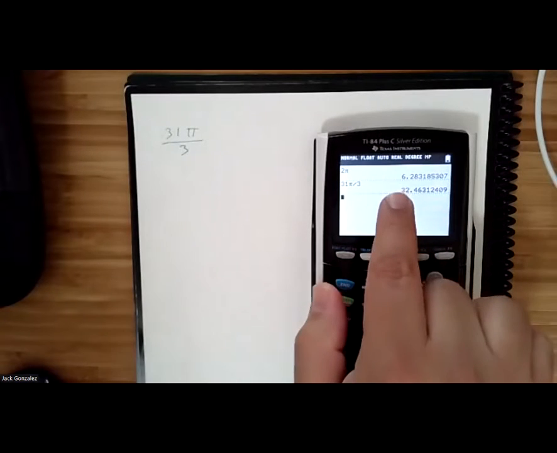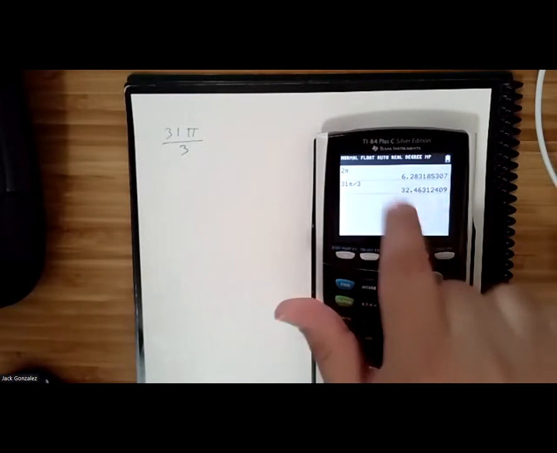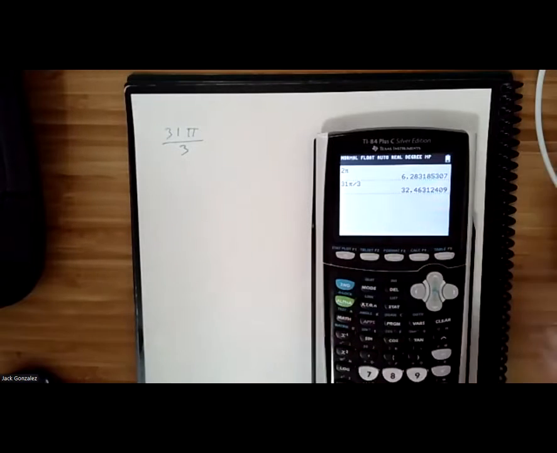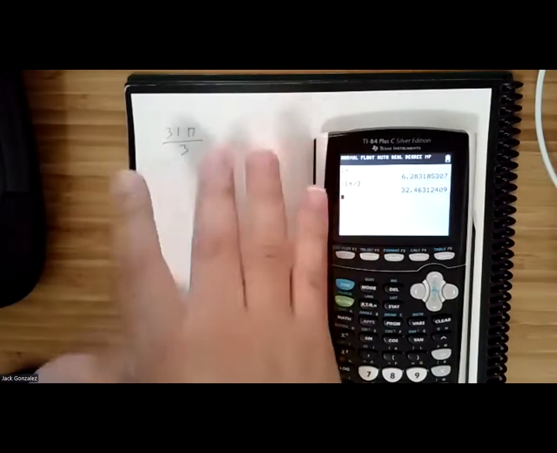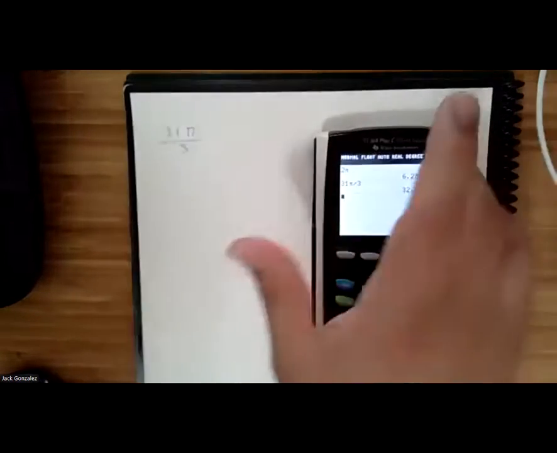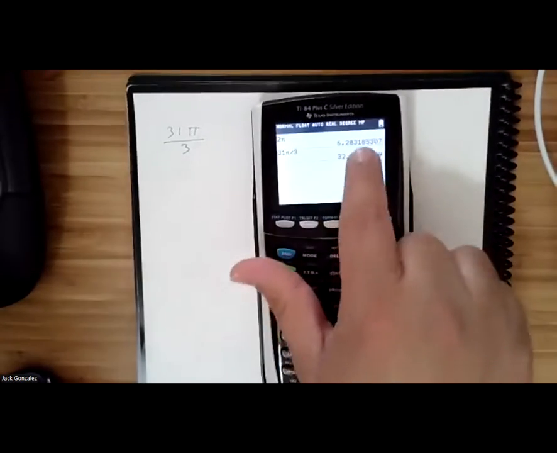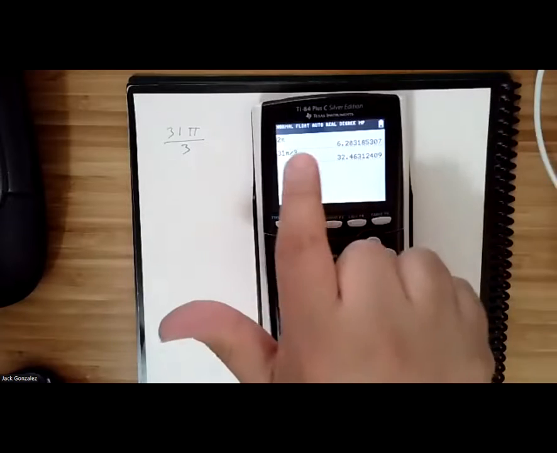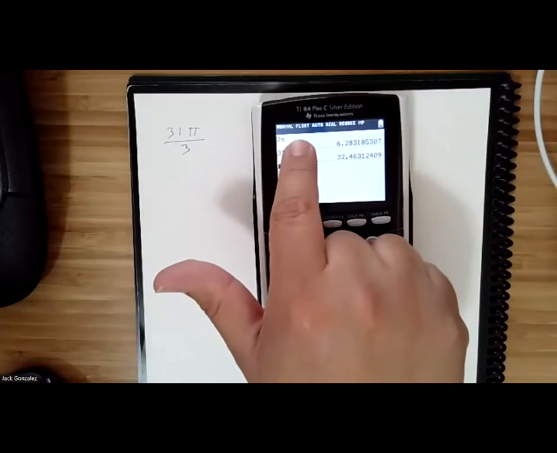So we know that it is more than a full circle. So this thing went around a couple of times, then landed somewhere. So we would have to subtract 2 pi. You could change the degrees and then subtract 360 if you want to. But doing this at least shows me that I am very sure that this is now bigger than 1 full circle.